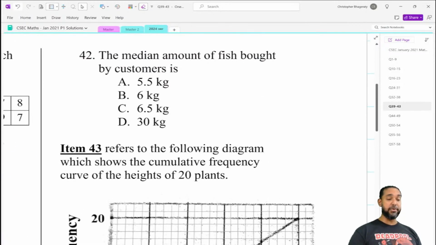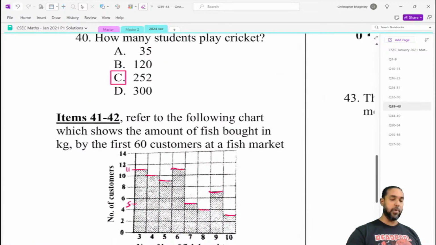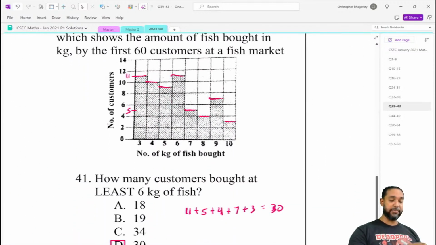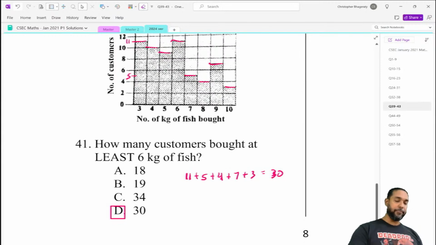The median amount of fish bought by customers. Okay, hold on. 60 customers, so if you take 60 and break it in half, you have the first 30 people and the last 30 people. So you're looking for the 30th.